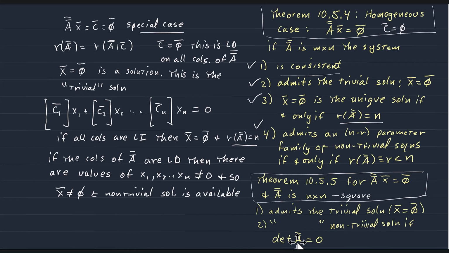In other words, the determinant of A is equal to 0 when the rank is less than n. So remember, the rank was the size of the largest submatrix with a non-zero determinant. If the determinant of A itself is zero, then the largest submatrix with a non-zero determinant must be smaller, and its dimension is less than n. So that's the case for a square matrix.